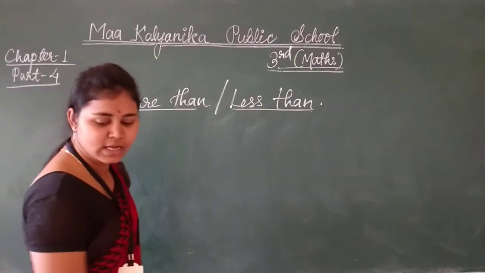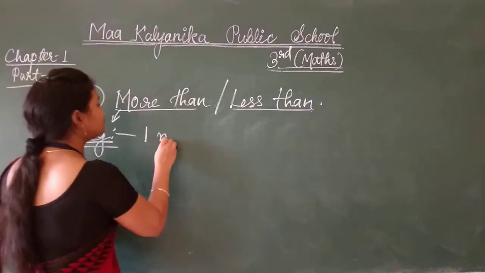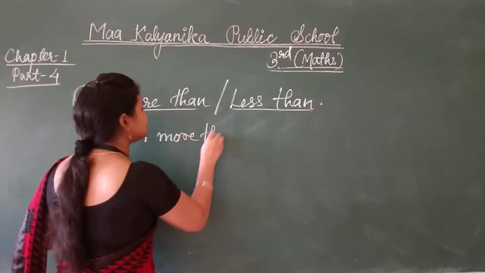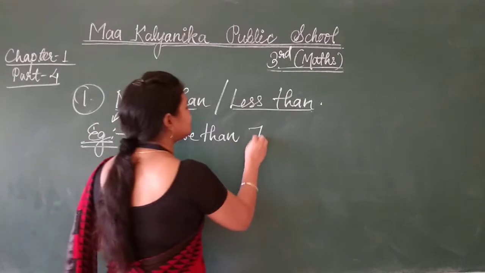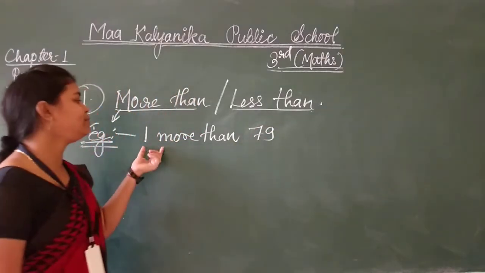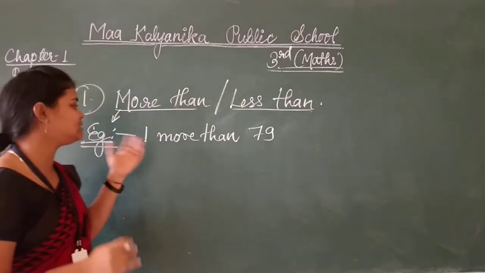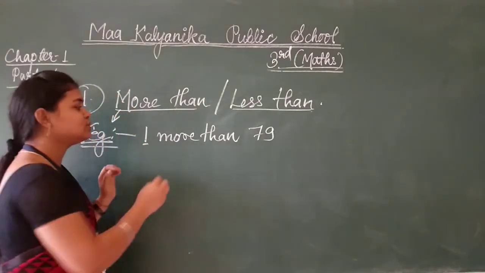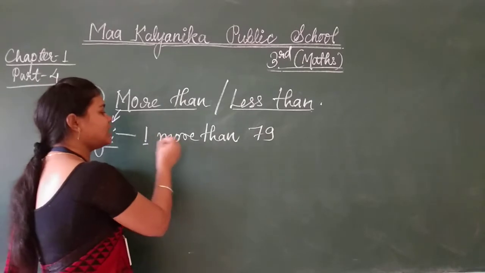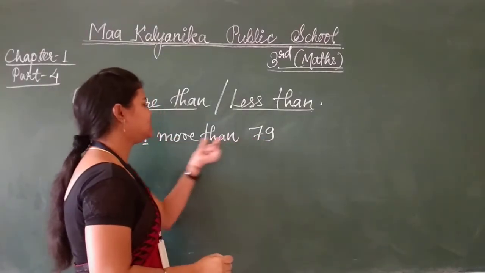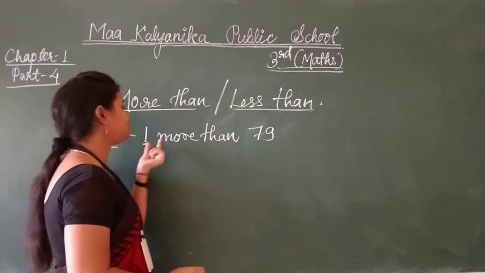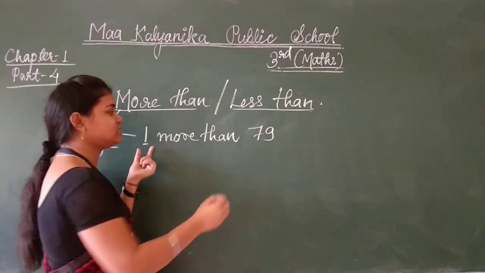First example, the question is 1 more than 79. So 1 more than 79, it is not a big thing, simply 1 more. So read the sentence carefully, 1 more than 79. After 79 you have to add 1 more, simply.